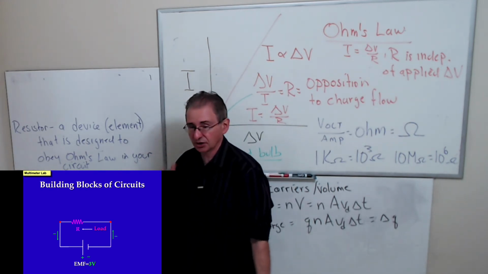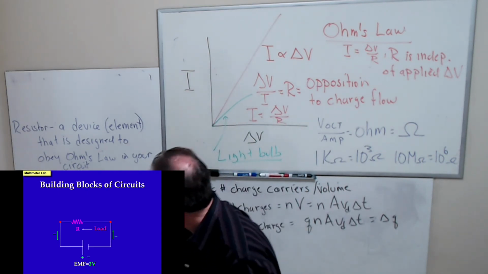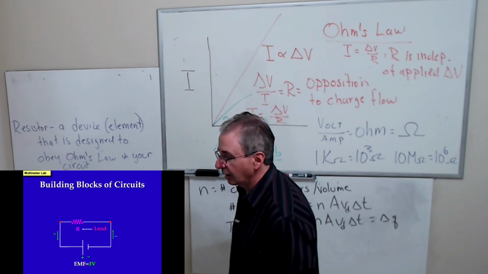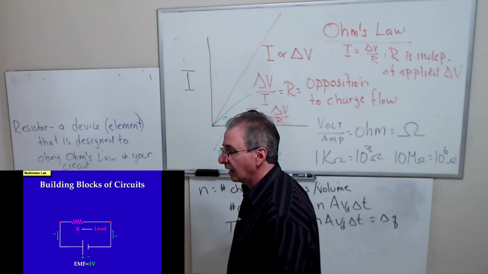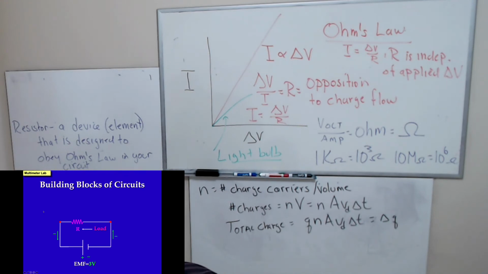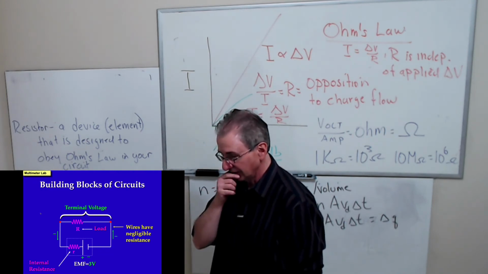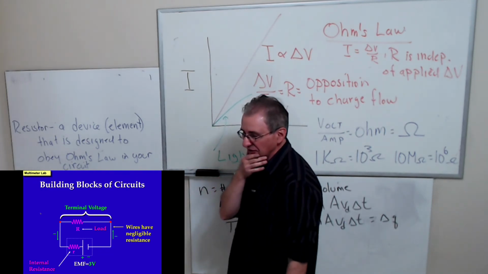What are the red dots at the corners? Oh, in that picture, on the PowerPoint. They're just points in the circuit I'm going to denote. There's also a name for them.